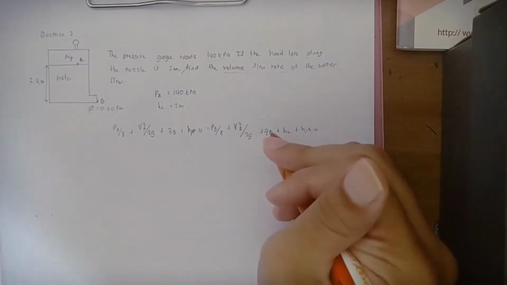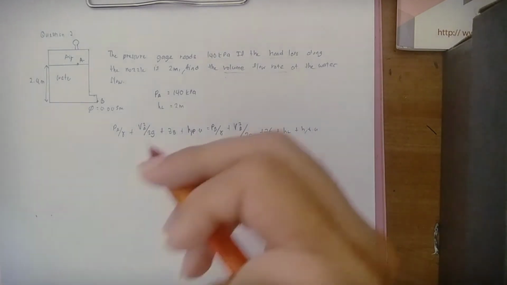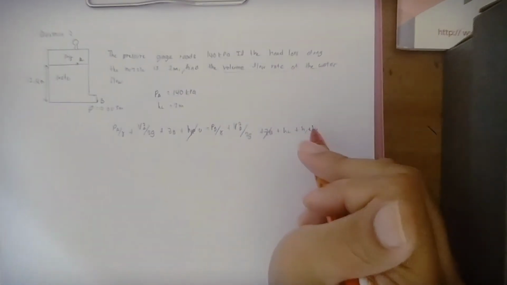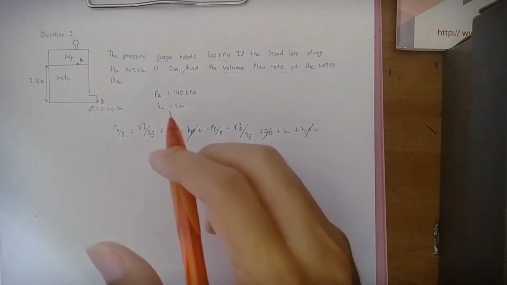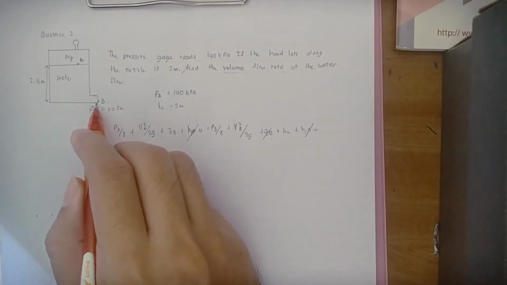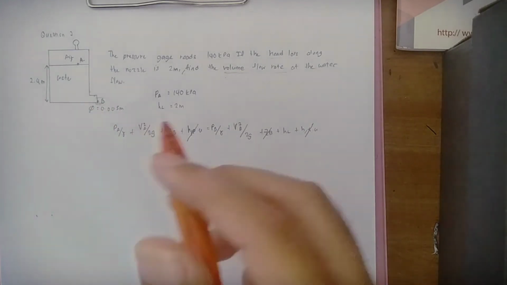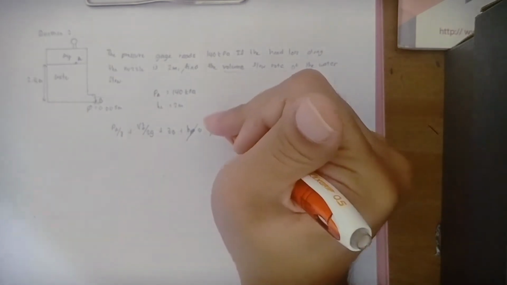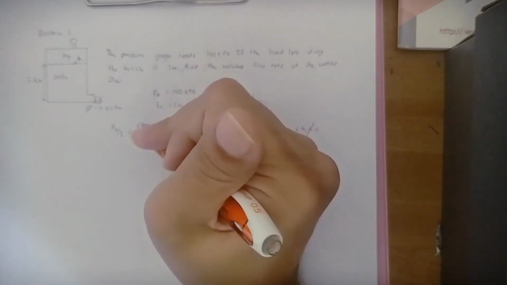ZB is equal to 0, so it is the lowest elevation. There is no pump here, cut pump. No turbine, cut turbine. And then the pressure at point B, since it is on the open surface, not in a closed space, is equal to 0. And at point A, it is on a water surface, open surface, so the velocity is equal to 0.